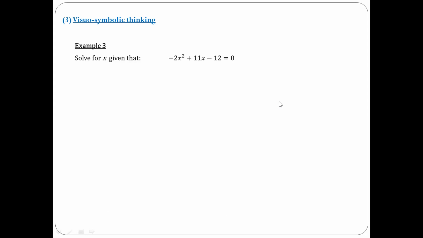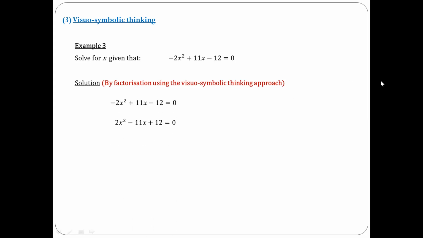Now, I would like you to notice the difference between the visual symbolic thinking approach, or symbolic visualization strategy, and the analytic thinking approach in terms of how quick the solution is determined. So with this symbolic visualization approach, the solution is by factorization using the visual symbolic thinking approach. We have our equation, we multiply throughout by a minus to make it positive.